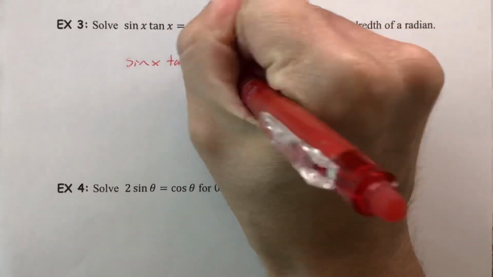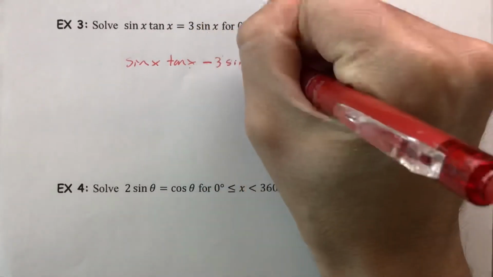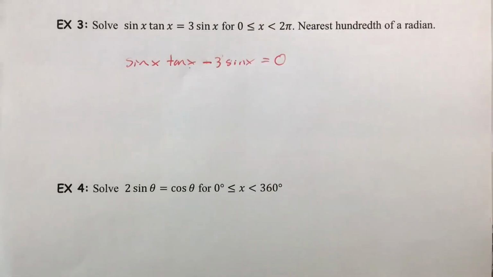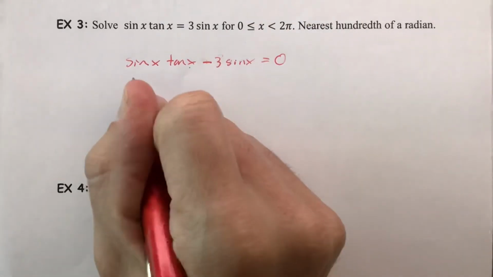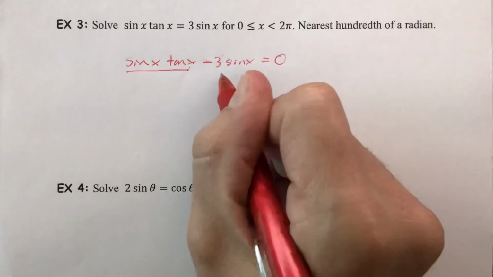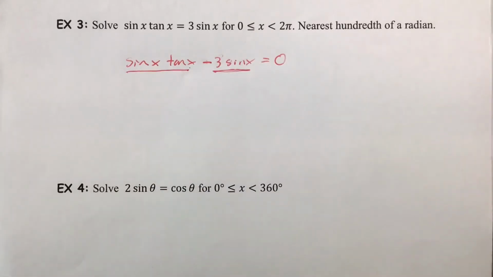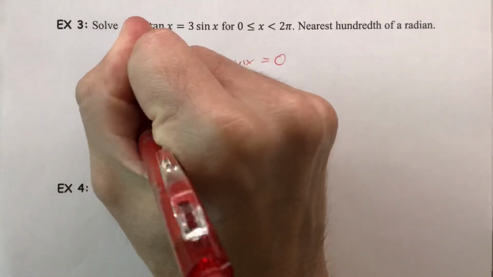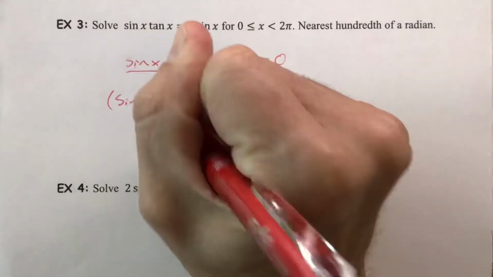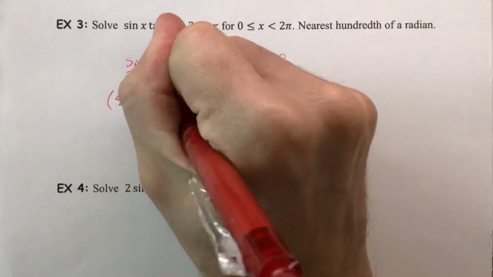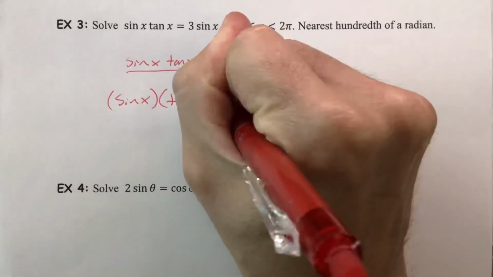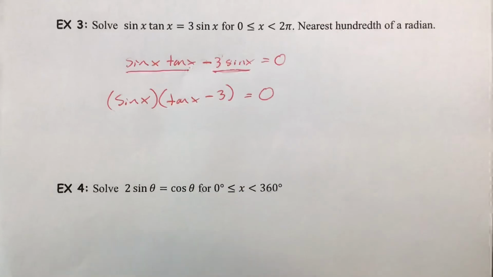So we're gonna subtract the 3 sine x and set that equal to 0. Now, we've got two terms here. We got that product and we've got this part, which both had the sine x in it. What we're gonna do is factor out the sine x, and that'll leave you with a tangent x minus 3, all set equal to 0.